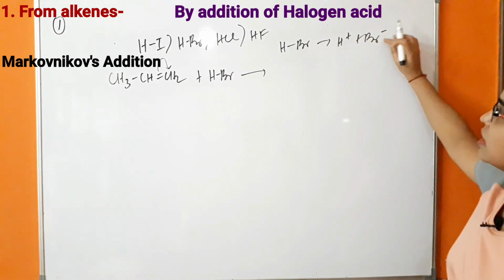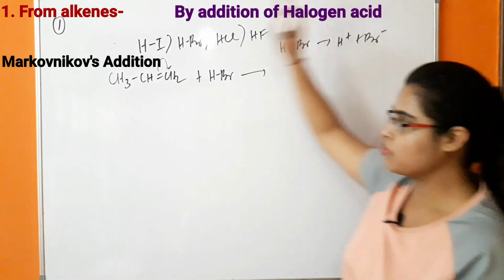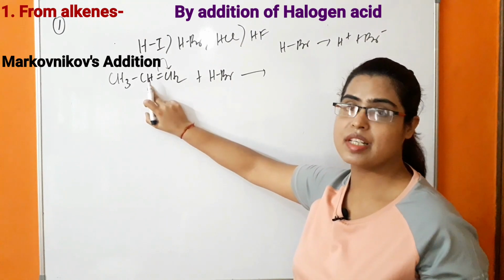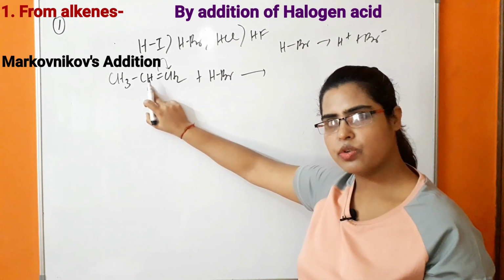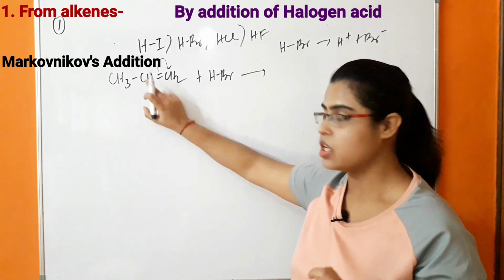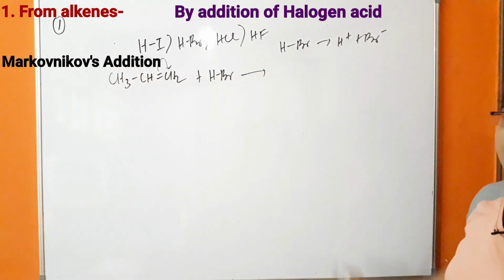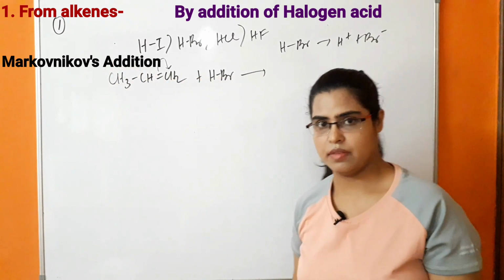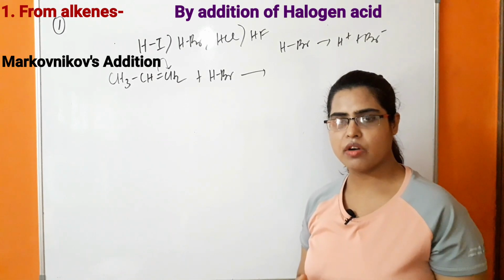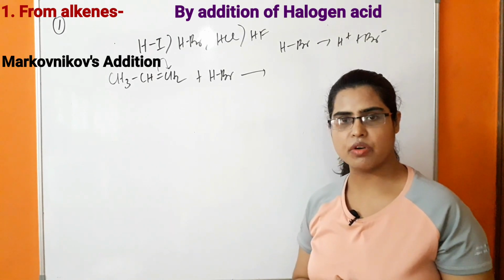Further, the nucleophile Br- attacks the carbon which has fewer hydrogens and bears the positive charge. This reaction is known as Markovnikov addition. We earlier studied Markovnikov addition in the chemical properties of alkenes.